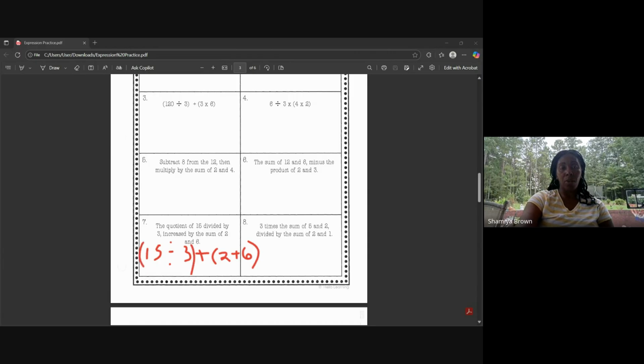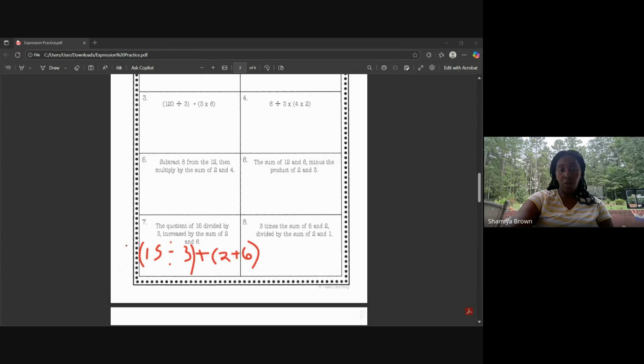So this is what it would look like. Once you do the sum of 2 and 6, then you would add those two together to solve. So you have to put those two things in parentheses first.